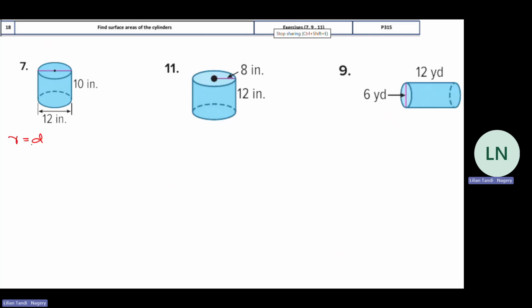Radius equals diameter divided by 2, which is 12 divided by 2, which is equal to 6.